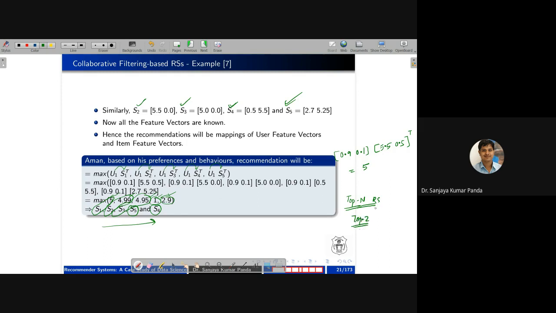In this case, I am going to suggest S1, S2 to the user U1, which is Aman. But if you go for a top 3 recommendation system, in addition to S1, S2, you are going to suggest S3 to that particular user. So in this way we make recommendations in the collaborative filtering system.